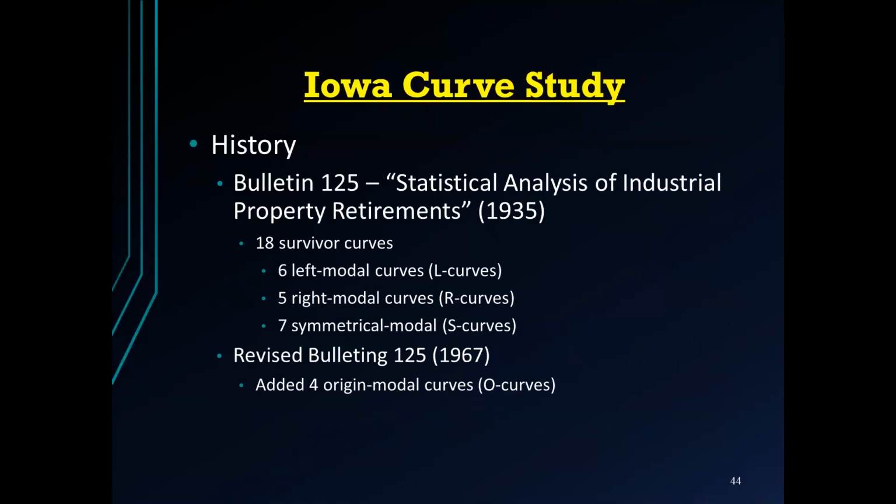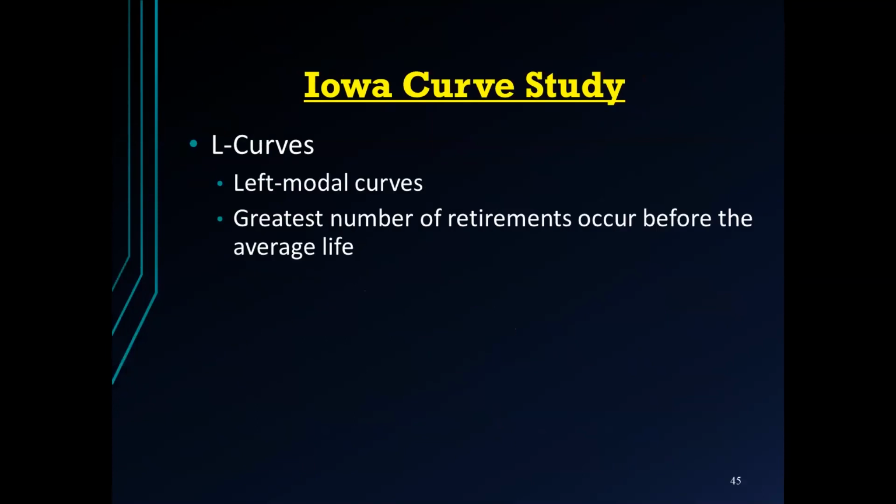And that was revised in 1967 to add 4 what are called origin modal curves, or O curves. Now, what does all of that mean? Let's talk about it. Okay, the L curves, or left modal curves, this represents property where the greatest number of retirements occur before the average life of the property.